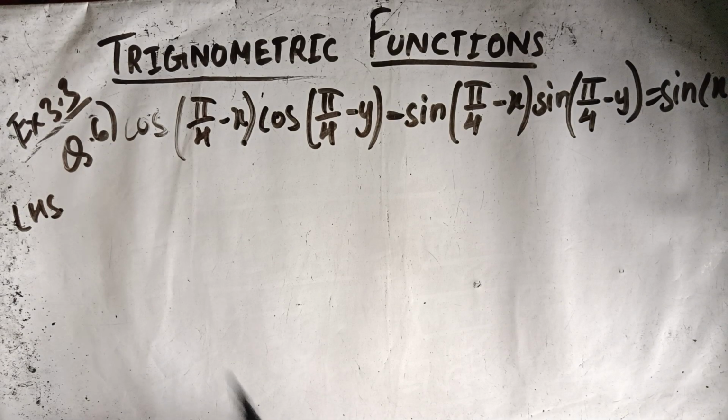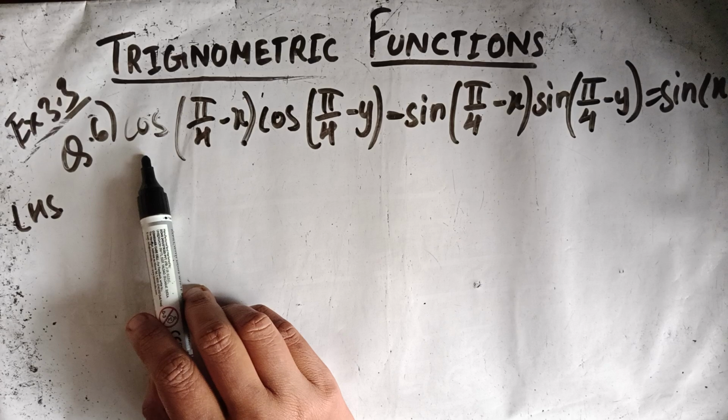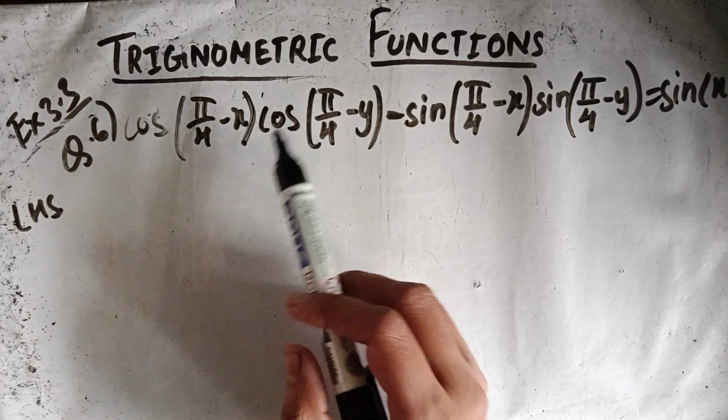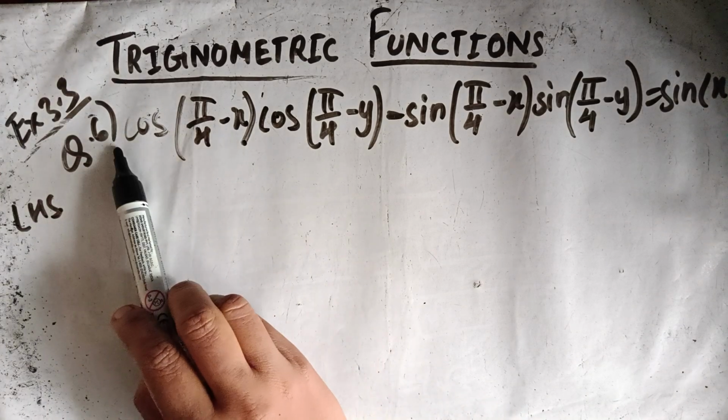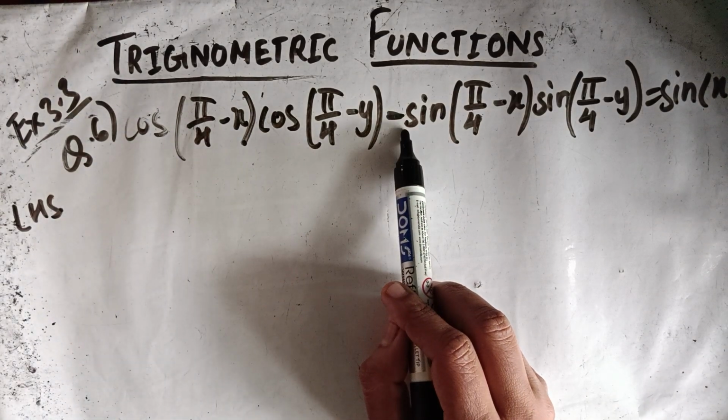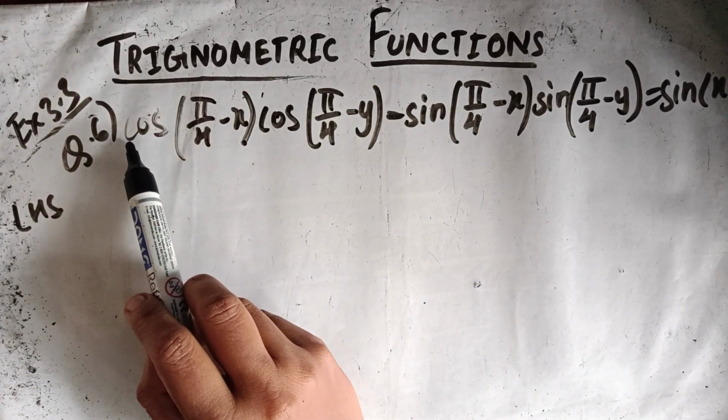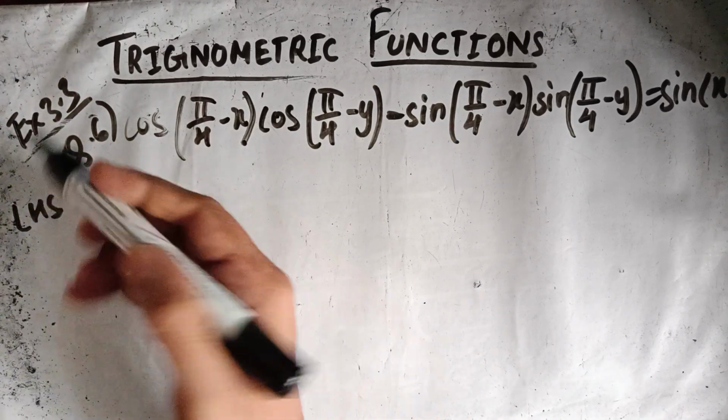Now you know that 2 cos A into cos B, that formula you have to use. So here 2 is not there, right? So you have to divide and multiply by 2.